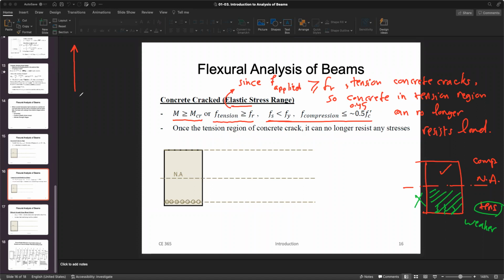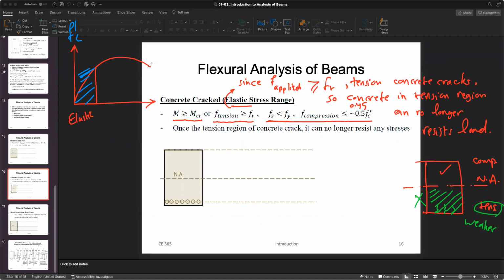Remember the graph one more time? This was the graph, right? So if you remember, I said almost up to this point will be your elastic region. So it's just trying to say that although we are cracked, we are still here from the compression point of view.